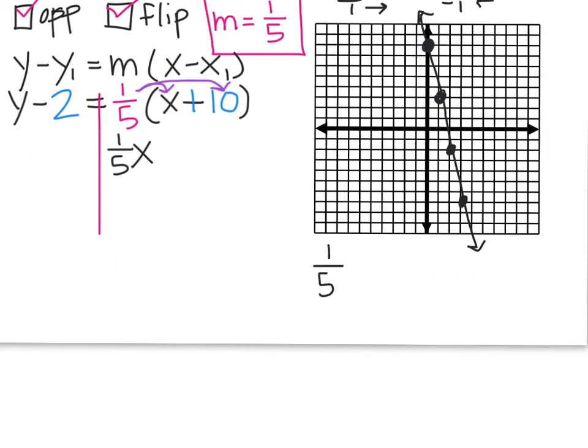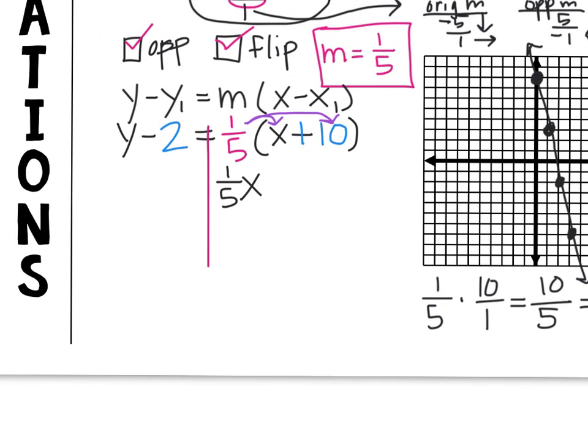It's all positive numbers, so it's pretty easy. 1/5 times 10 over 1, we multiply the numerators. 1 times 10 is 10. 5 times 1 is 5. 10 divided by 5 is 2. It's a positive 2, so when I go back over here, I'm going to rewrite that as plus 2.